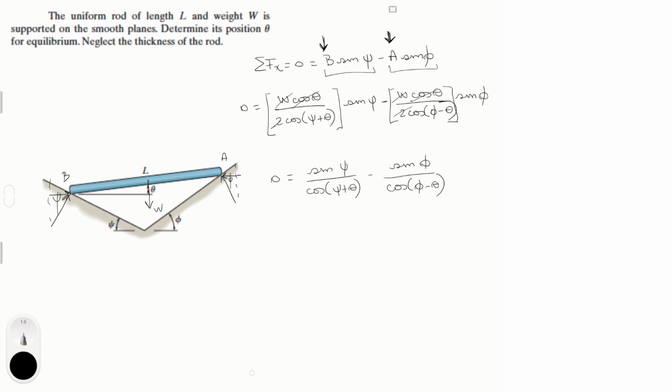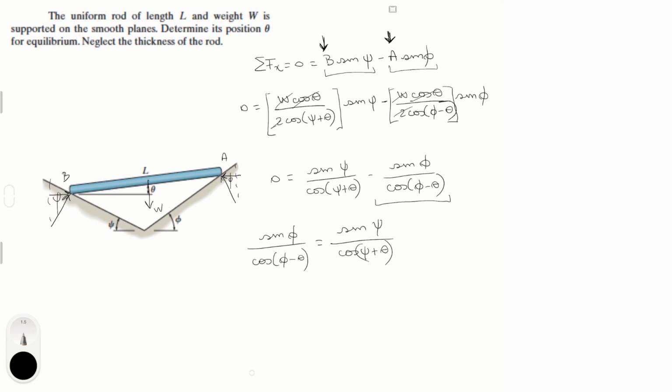Now I'm going to basically switch this term to the other side to be able to multiply. I'm able to multiply here, but I don't want to skip too many steps in this one because I don't want to confuse you guys. So this means that sine of phi over cosine of phi minus theta is equal to sine of psi over cosine of psi plus theta.